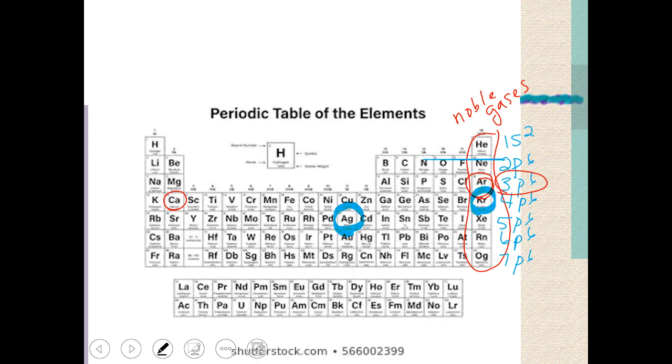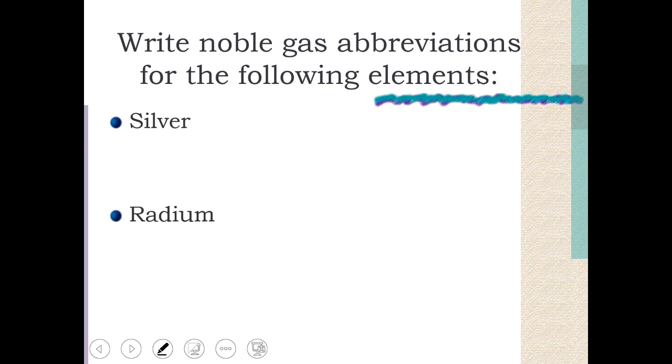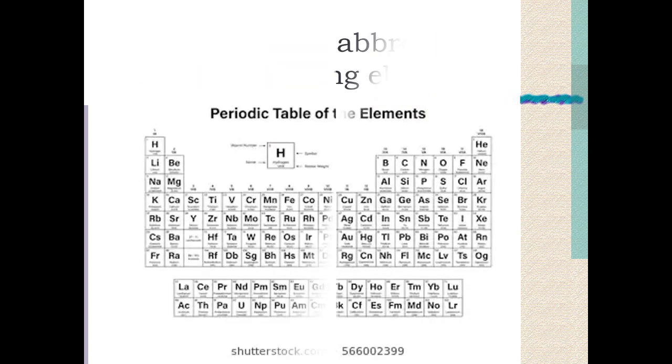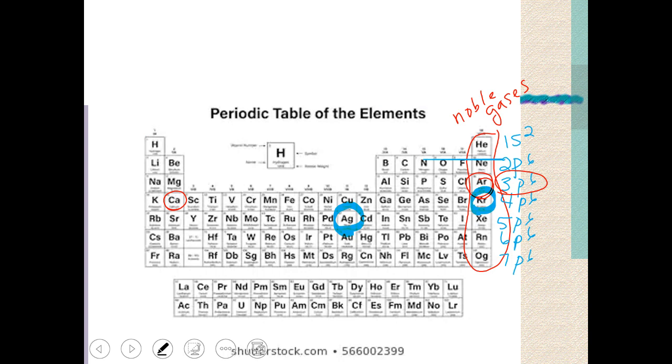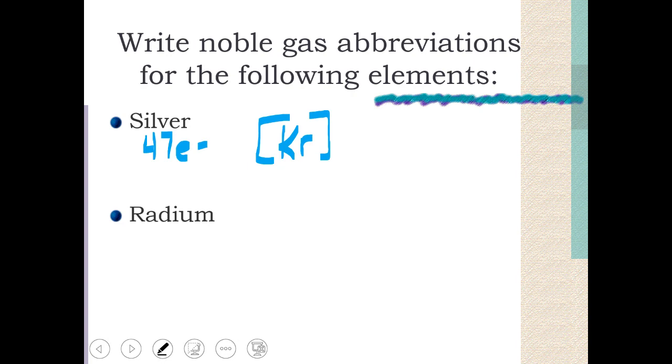Okay, silver is atomic number 47, and the krypton is 36. So silver, we need 47 electrons. So you've got krypton. That accounts for 36 electrons up to and including 4p6. You need to add 11 more, starting after 4p6.